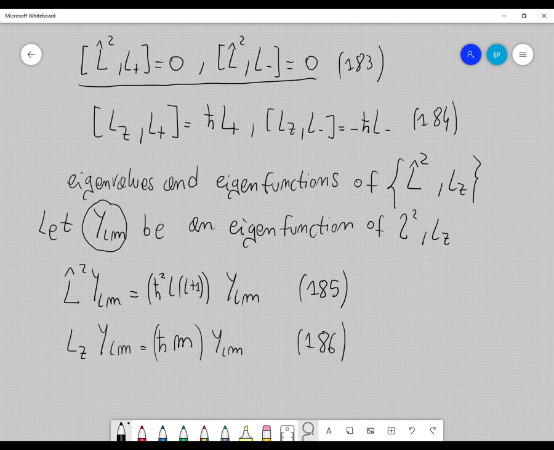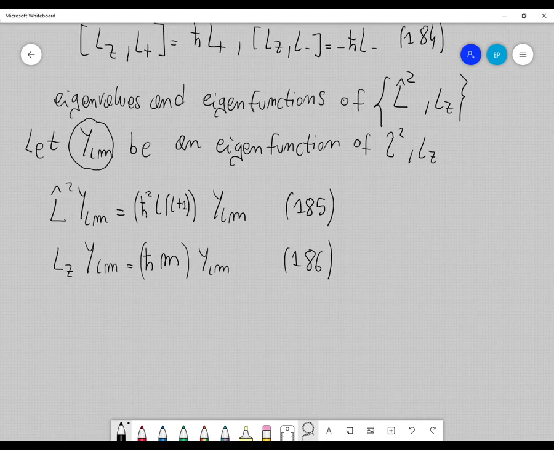Equation 186. Now I want to compute another quantity, because we want to understand something more about these parameters M and L. Let's compute L squared L plus YLM. We are acting first with the operator L plus on YLM, and then with L squared. We know that L plus and L squared commute, if you go back and check 183.